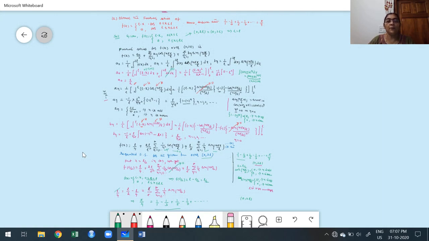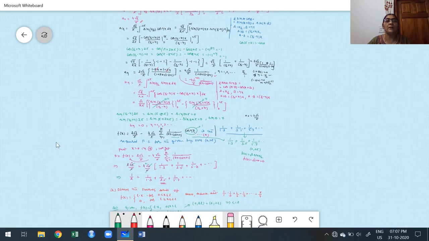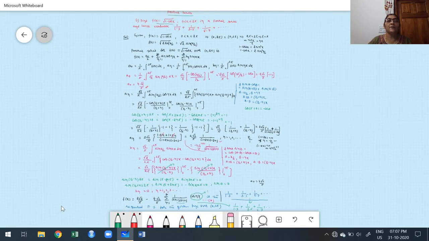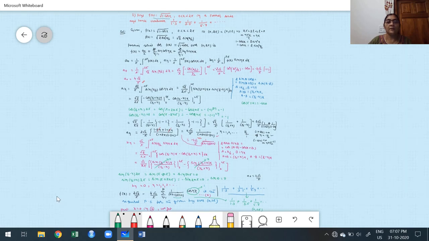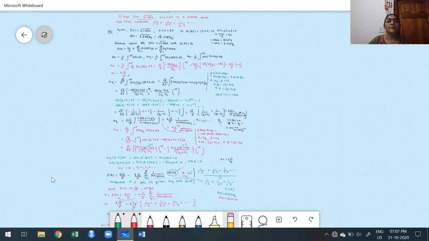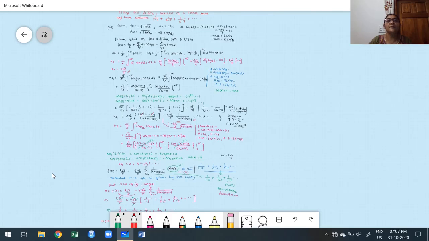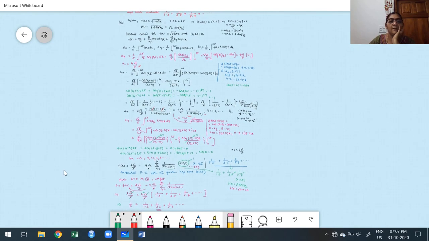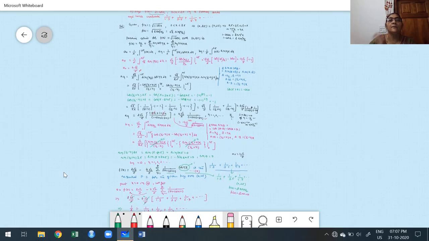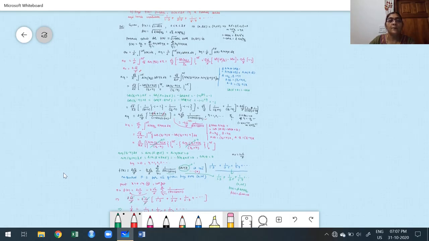This is the way to solve the second problem, and similarly the first problem. Moving to the first problem, this is my first problem. It is still not covered, so I'll zoom out a little bit, because this is a little lengthy problem. Yeah, this is our given problem.